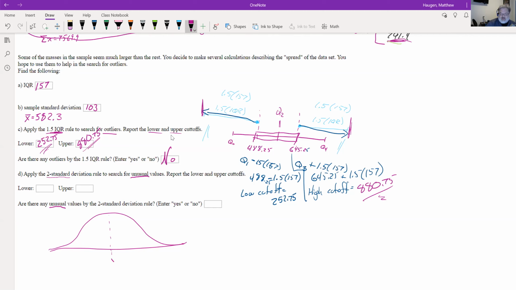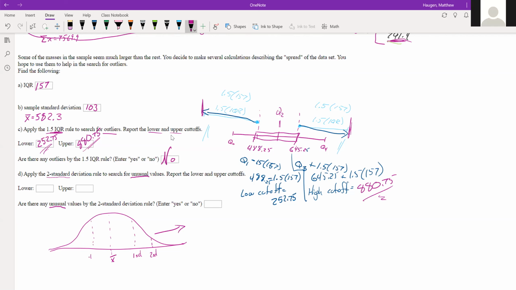So in our model, we have the middle of our model, and we go out one standard deviation, two standard deviations. Anything outside of that is going to be considered unusual.